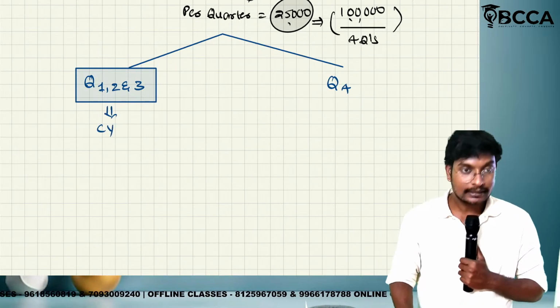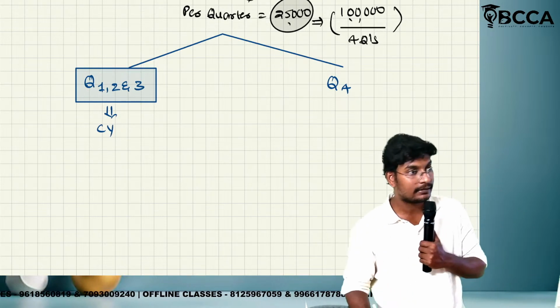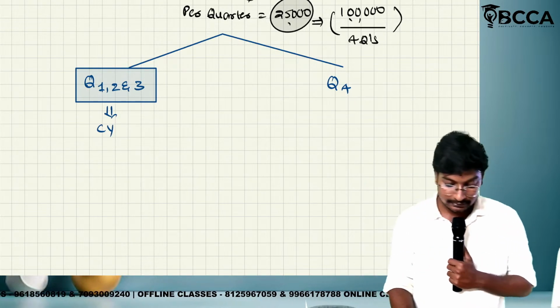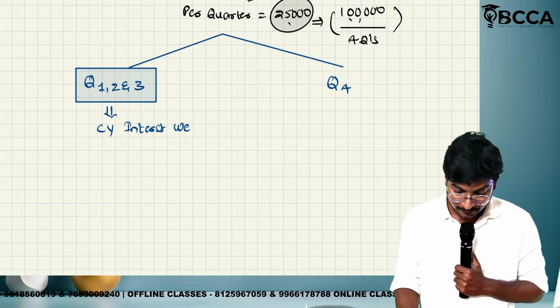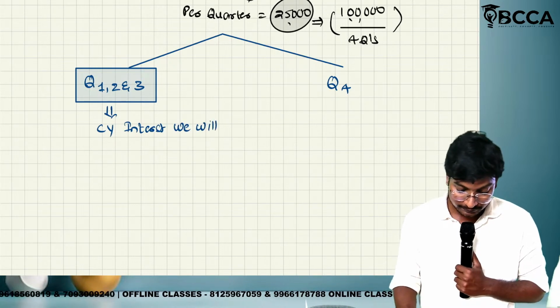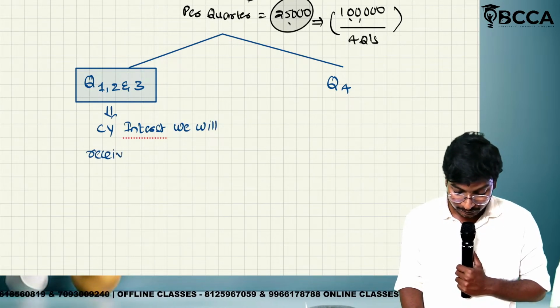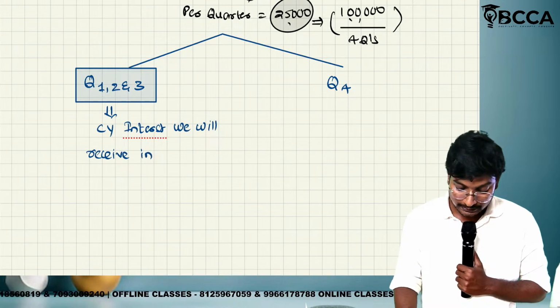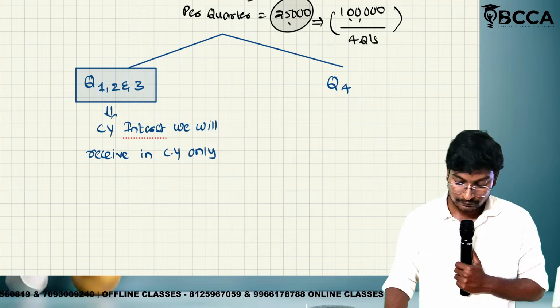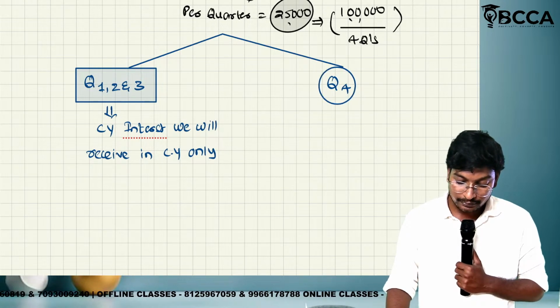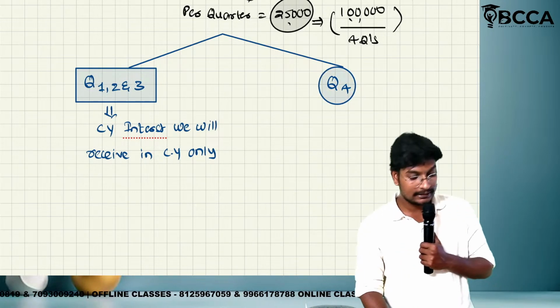That means the current year interest we will receive in the current year itself. Quarter 4 interest will be received in which year? Next year.